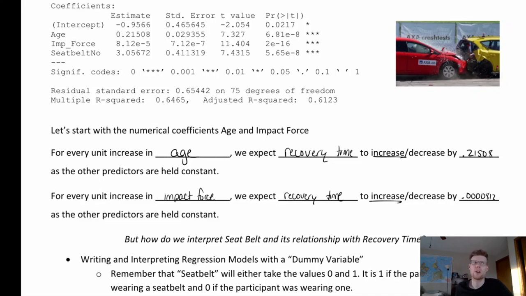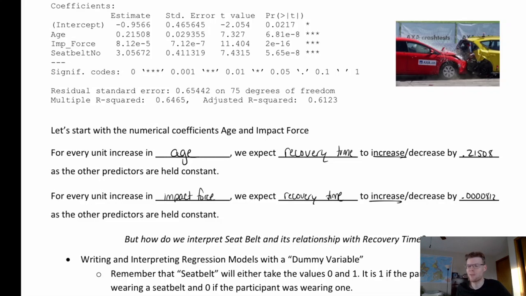Impact force in car accidents is probably measured in the thousands, but more often in the tens of thousands or maybe even above 100,000. So yes, a 1 Newton increase in impact force probably doesn't matter that much. However, impact force is actually a highly statistically significant variable here, meaning that we're super confident this is having an effect, and it's probably having a pretty large effect when you think about how 1 Newton is a really tiny change.